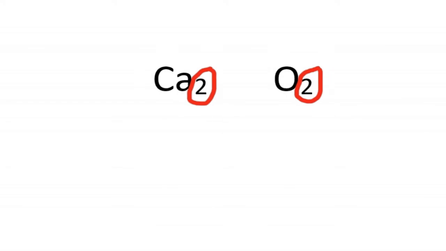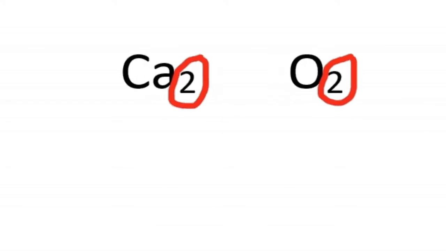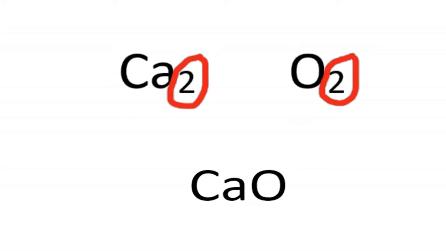As you can see, calcium and oxygen have the same number, which is number 2. If we have the same number as in this case, we can reduce that to a lower number, or shall I say, we can cancel out the number. Therefore, the chemical formula of calcium oxide is CaO.